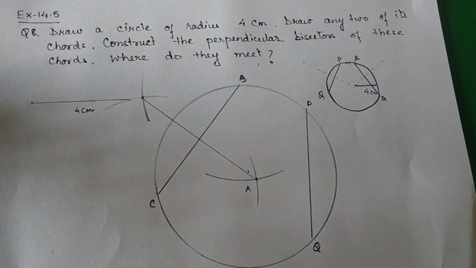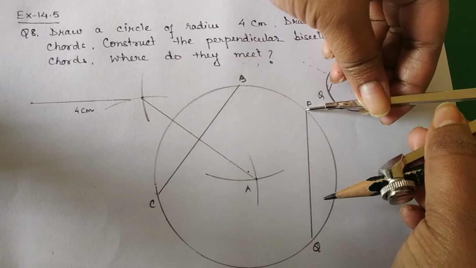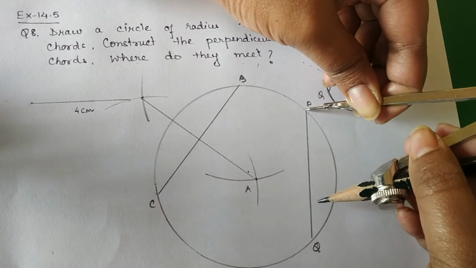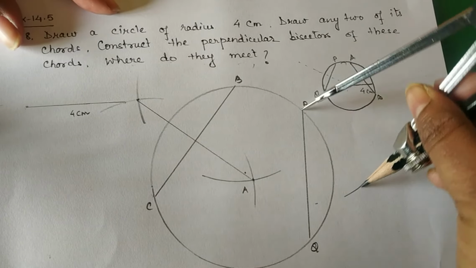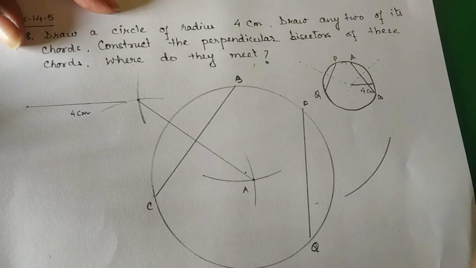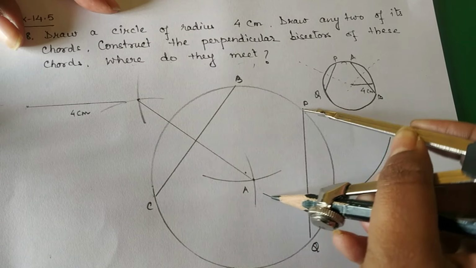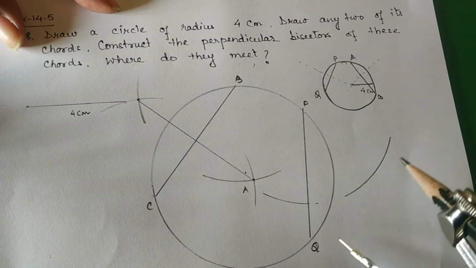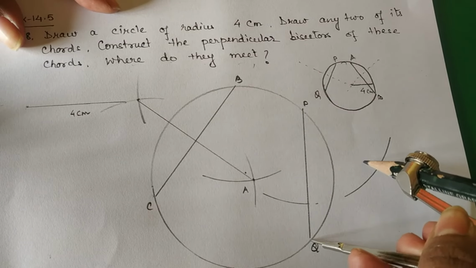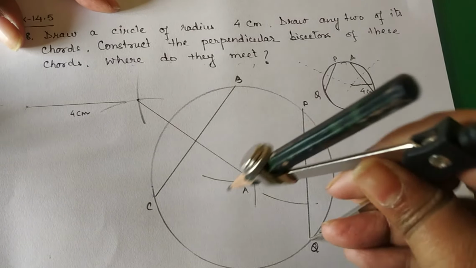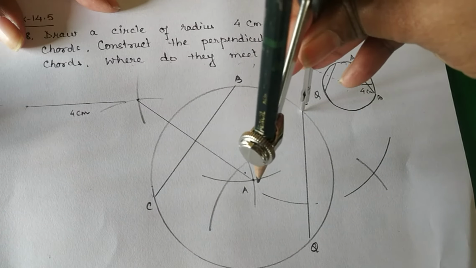Now we will draw the perpendicular bisector of PQ. Again we will place the needle of the compass at P point and take more than half of PQ, and then we will draw an arc upwards and downwards. Now from Q point, again upwards and downwards. Let's extend the arc.